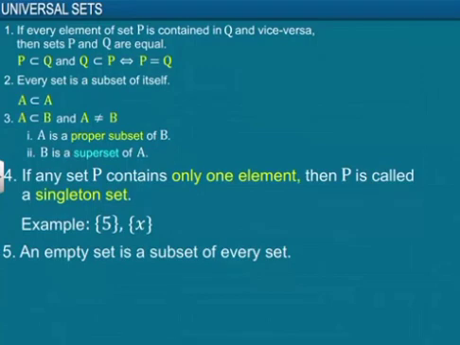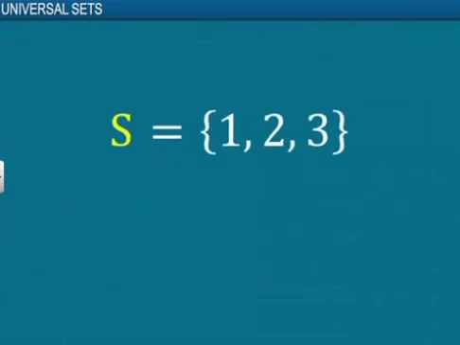Now, let's observe some sets built using the elements of a given set. We have a set of elements as shown. Let's form new sets with a combination of the elements in this set, taking one element at a time. We have these sets.